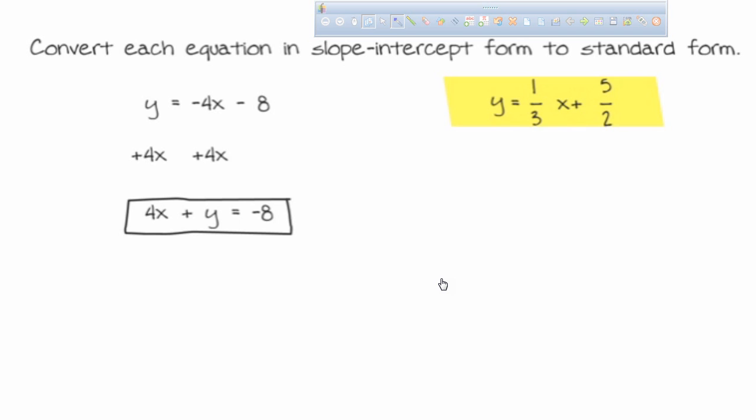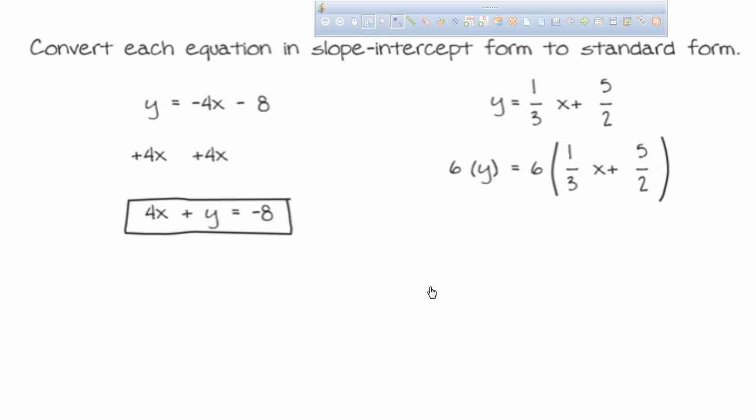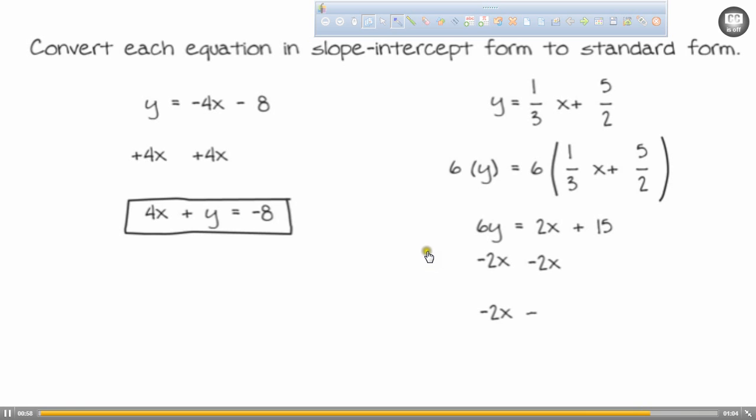Since the equation has fractions, we need to first multiply both sides of the equation by the least common denominator, 6. We can then simplify. Now we can move the x term by subtracting 2x from each side. So this equation in standard form is negative 2x plus 6y equals 15.